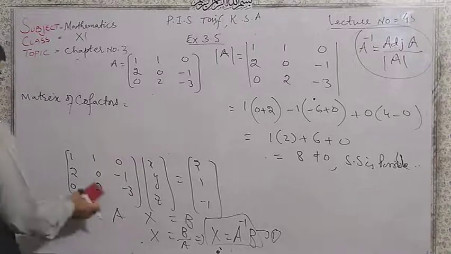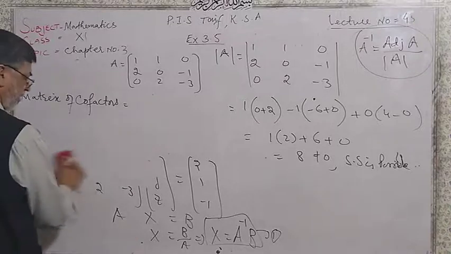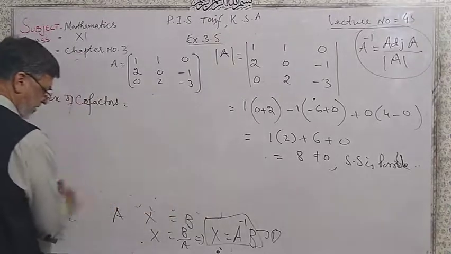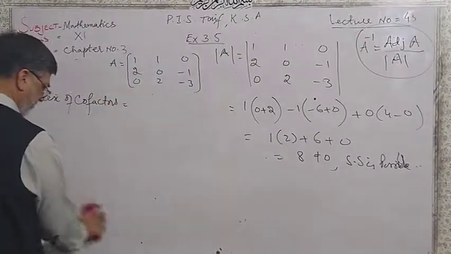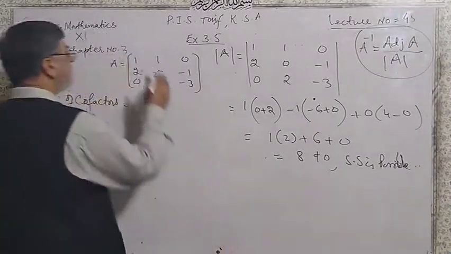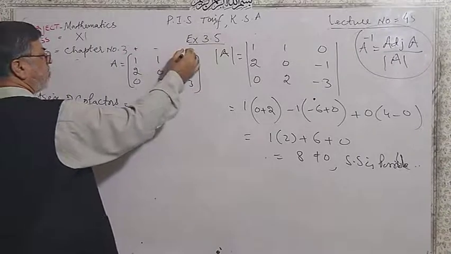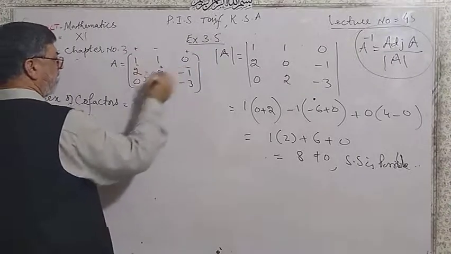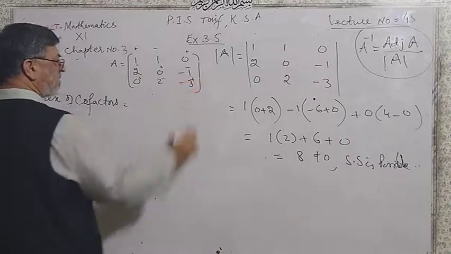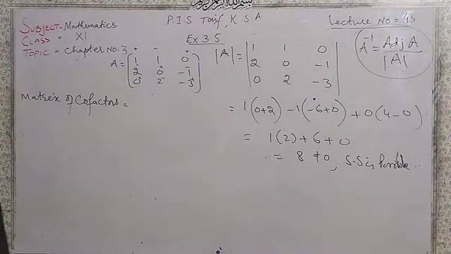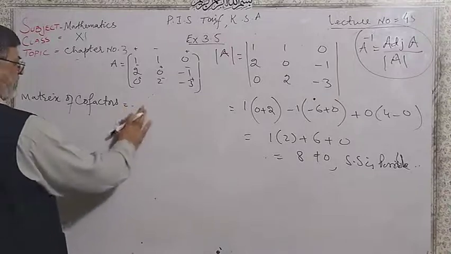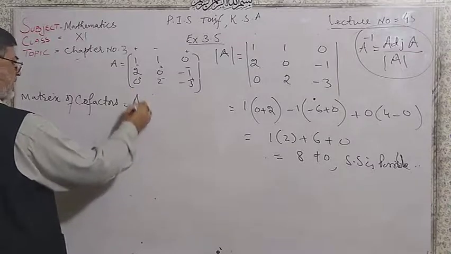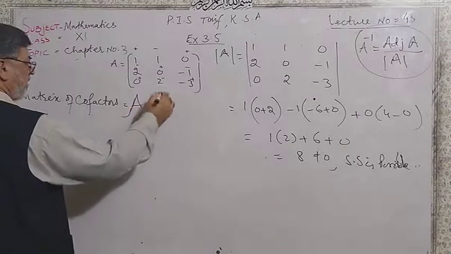Remember that I told you there is a very short-cut method. You can apply it. This is plus, minus, plus, minus, plus, minus, plus, minus and plus. First is the matrix of cofactors. We have to write down a capital A.